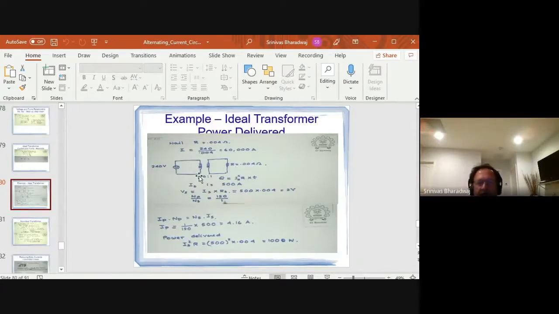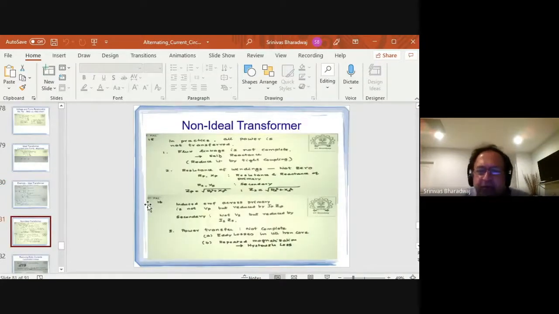When you load it up like this, say 120 to 1, you have R, and everything is perfect, then all the power will go to the other side. So I squared R will consume a certain amount of power, and all that power will come from this side. In an ideal transformer, the only power consumed will be by the resistor.